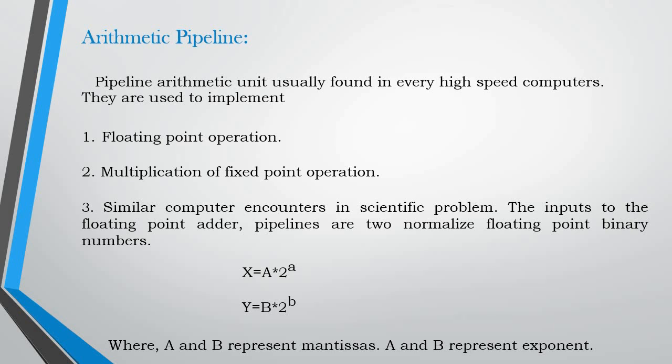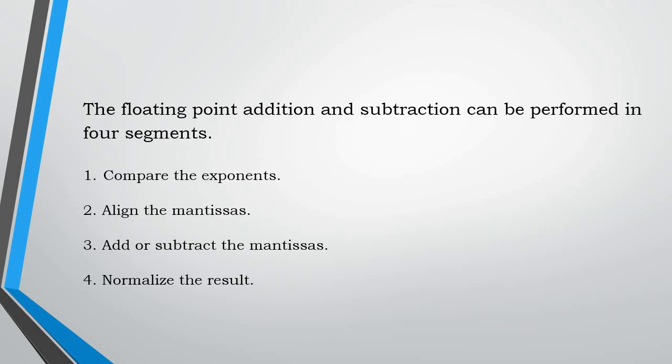That is, x is equal to a into 2 to the power of small a, and y is equal to b into 2 to the power of small b, where a and b are two fractions that represent the mantissas, and small a, small b are the exponents. Floating point addition and subtraction can be performed in 4 segments.